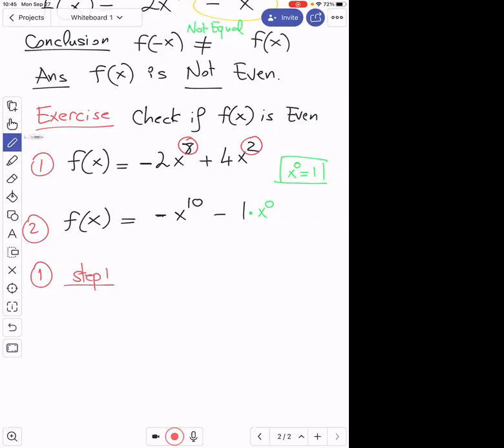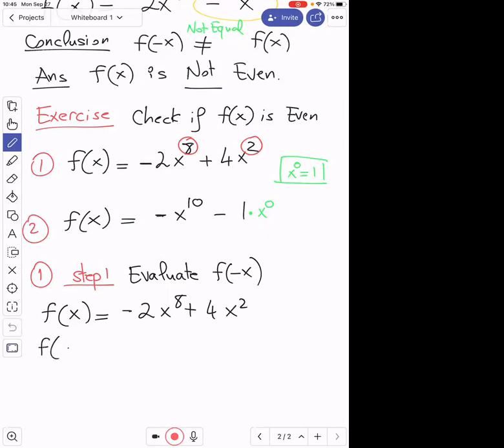Step 1, we're supposed to evaluate f of minus x. First I'm going to write down f of x, which is minus 2 x to the power 8 plus 4x squared, and then I'm supposed to substitute x by minus x.